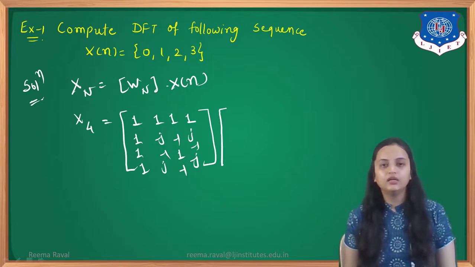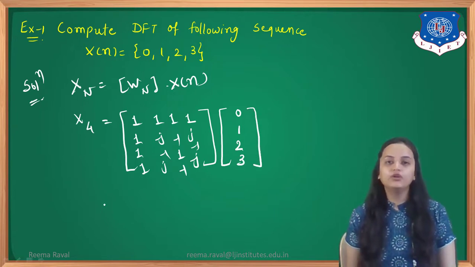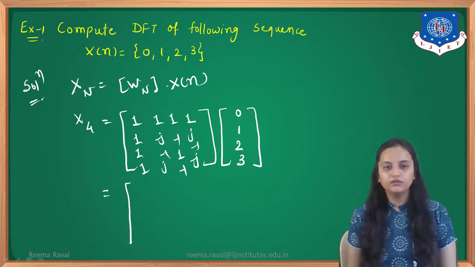This is multiplied with the values given to us, that is 0, 1, 2 and 3. Now we have to do matrix multiplication over here. So to do matrix multiplication, we multiply the first row with the column, the second row with this column, the third row with this column, the fourth row with this column respectively.